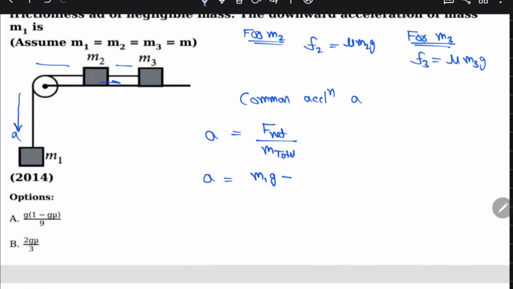So here you can see that m1g is acting downwards in the direction of acceleration, but these friction forces are acting opposite to the direction of acceleration. That's why they come out negative: m1g minus mu m2g minus mu m3g, divided by the total mass m1 plus m2 plus m3.